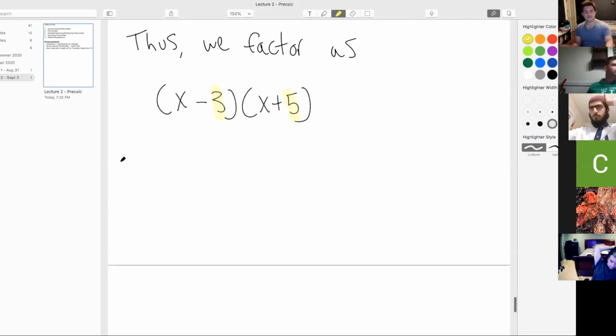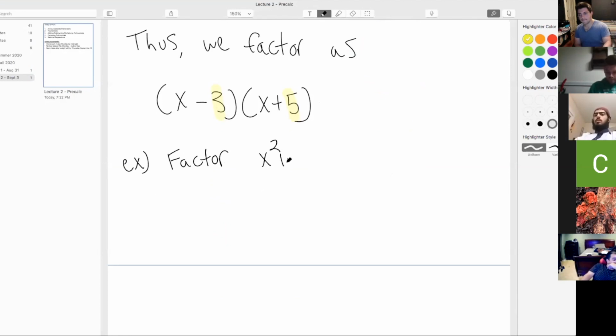Okay, next example. Let's factor x squared minus 7x plus 6. What do we need to do?